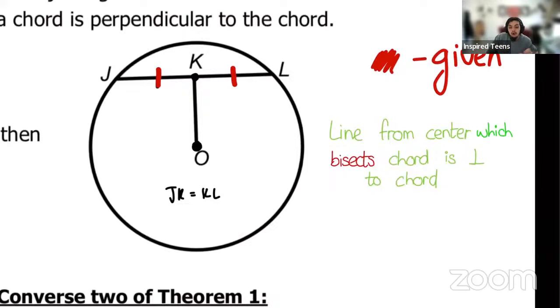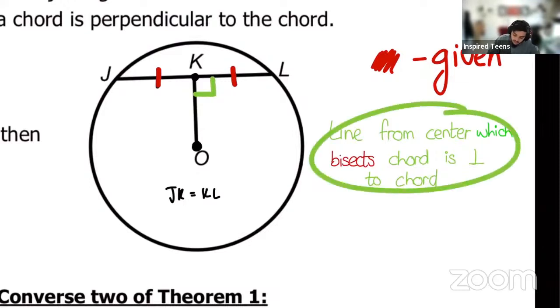So what's given is that OK, the line from the center, bisects this chord. Which chord? Chord JL. So the rule is that when a line from center bisects the chord, it is perpendicular to it.